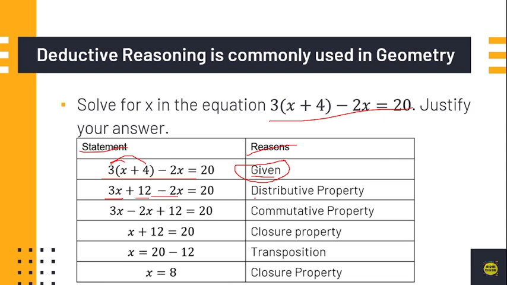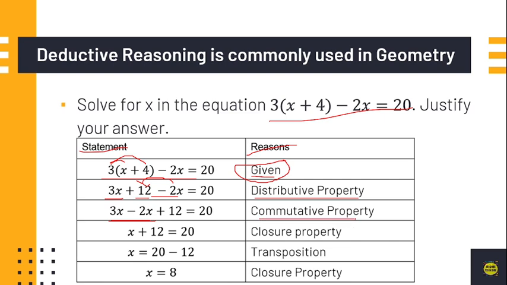Class, this is called the distributive property. You distribute the given number 3. After that, combine like terms: 3x minus 2x plus 12 equals 20. That is the commutative property.